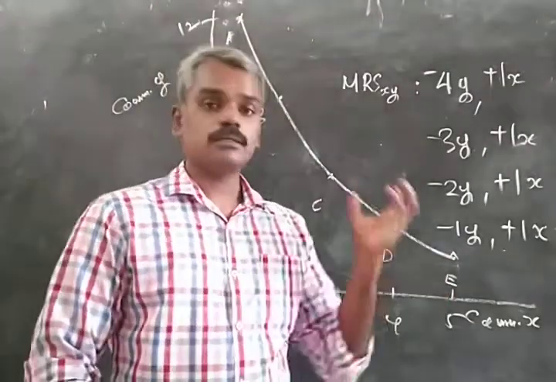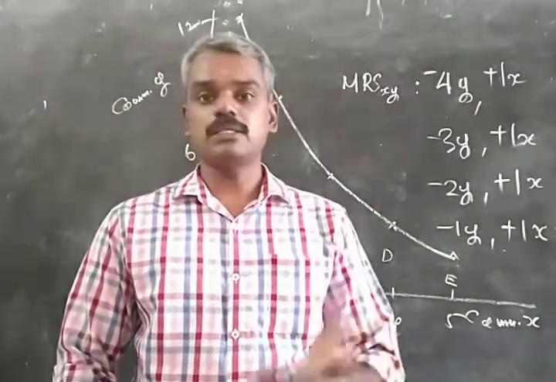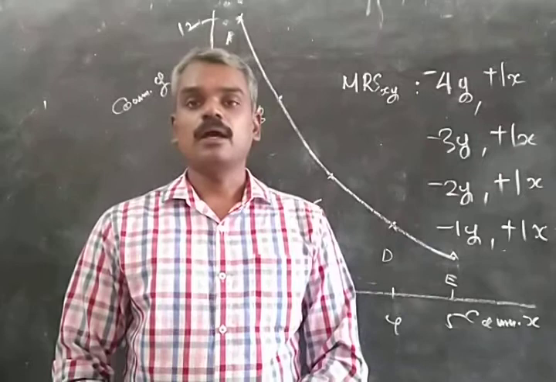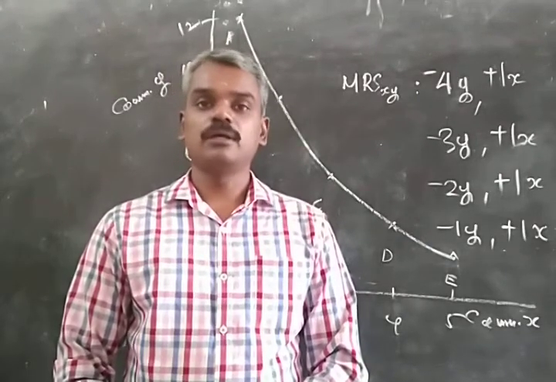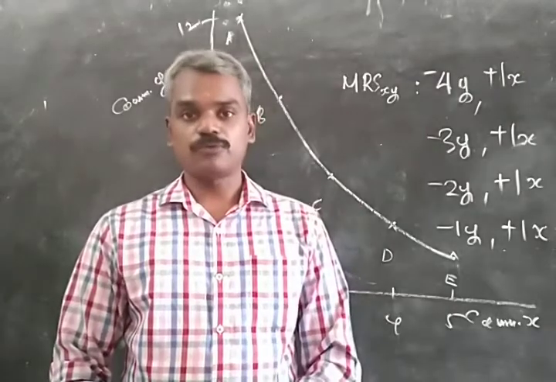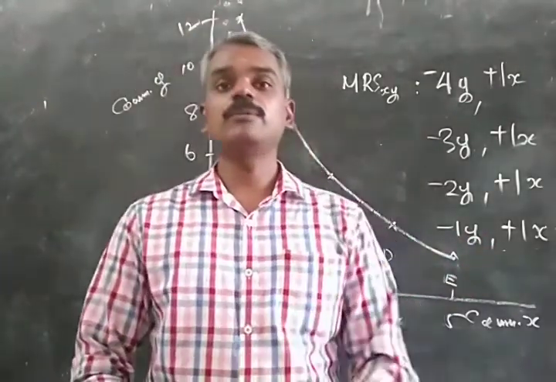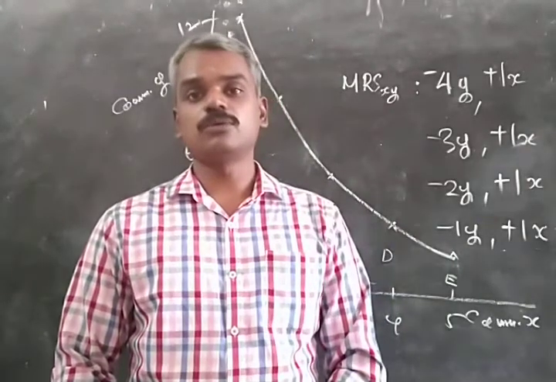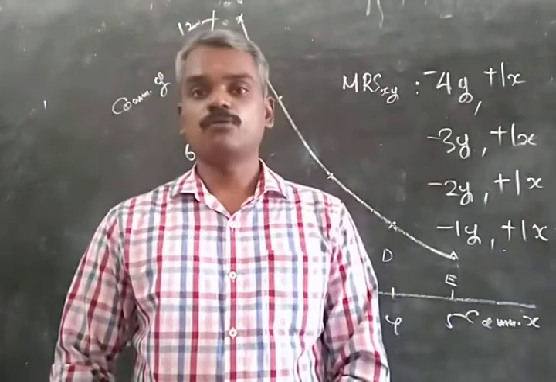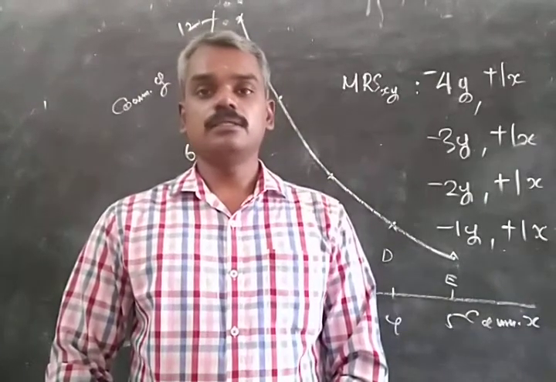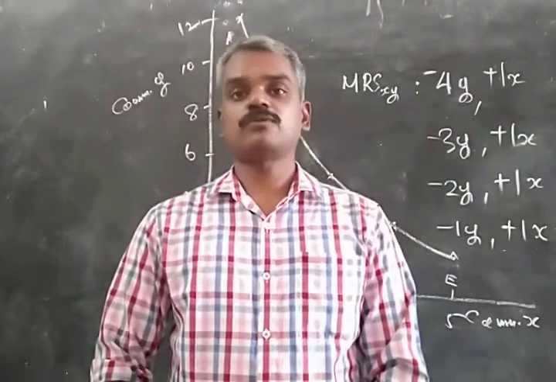But as the number of y's diminished, his intensity of desire for that commodity is higher, and therefore he is willing to sacrifice less and less units of y in order to have more units of x. At one point of time, he is equally preferring the two commodities. He is willing to sacrifice only 1y for 1x. This is the diminishing marginal rate of substitution.